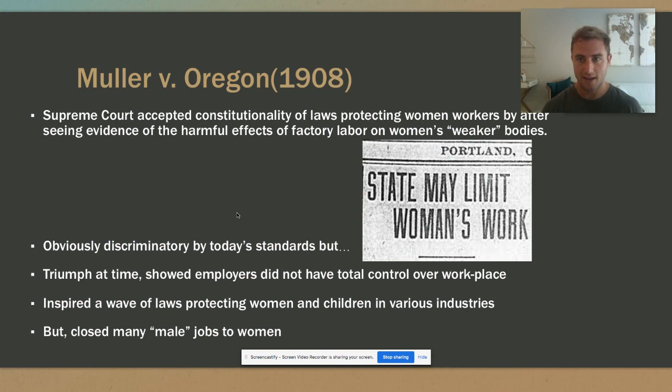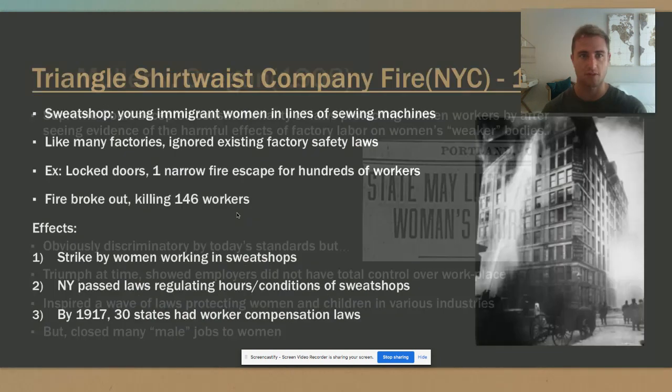Now, again, at the time period, this was viewed as a victory because it meant that employers did not have complete sovereignty over their workers in the workplace, that the government could come in and force businesses to put in place regulations to protect their workers.